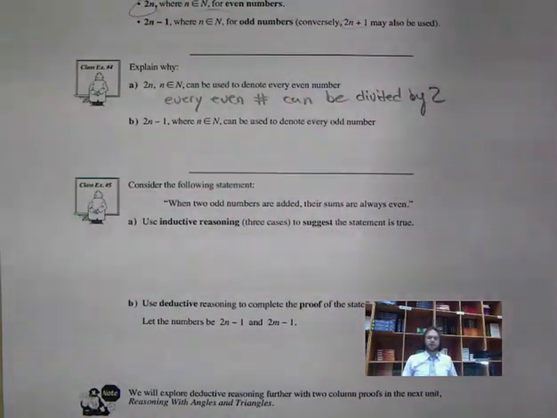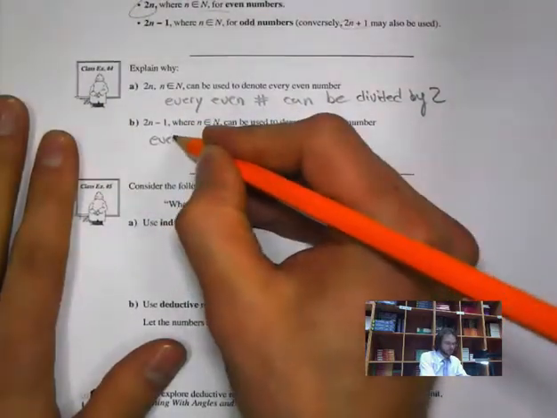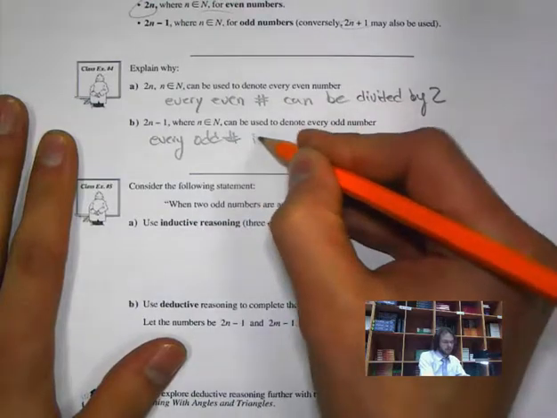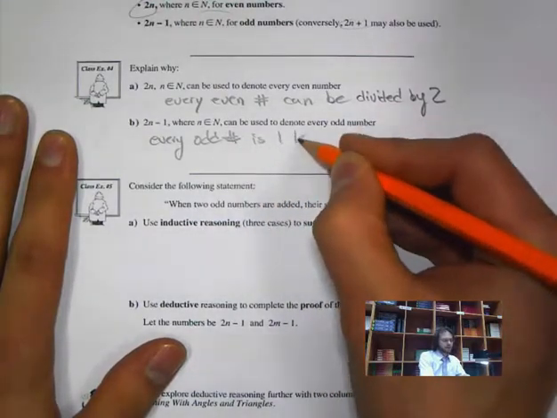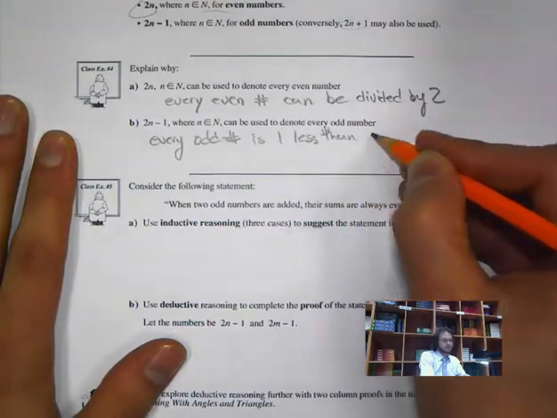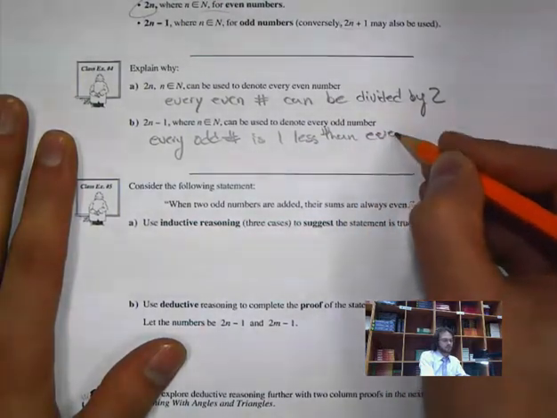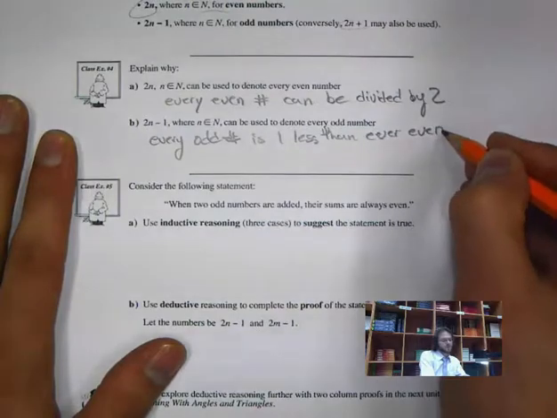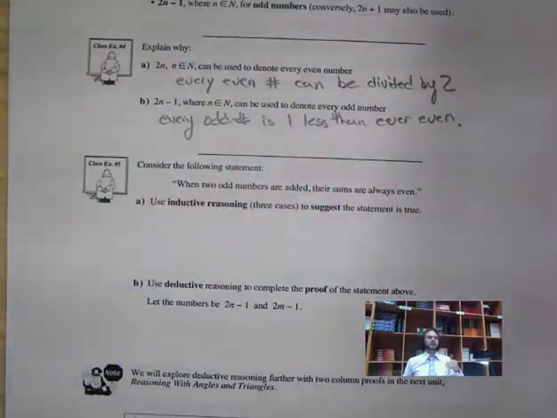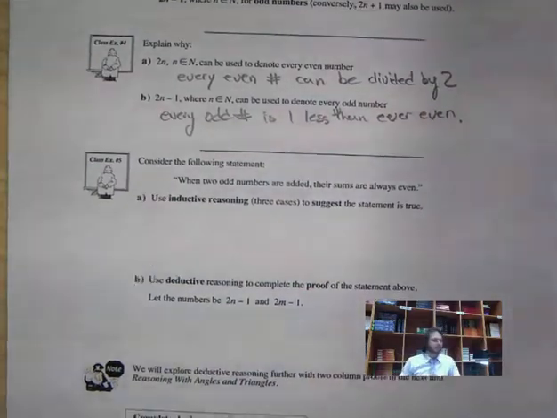Well, that's because every odd number is 1 less than every even. Or it's 1 more. Think of it this way. If you have 10, subtract 1, you're going to get 9, no matter what, because every second number is even.